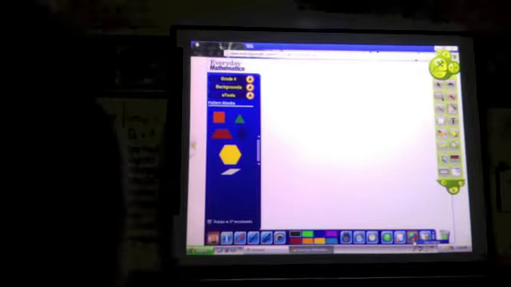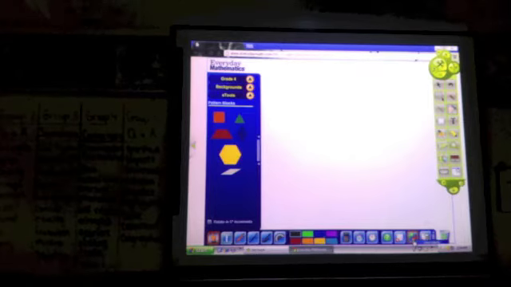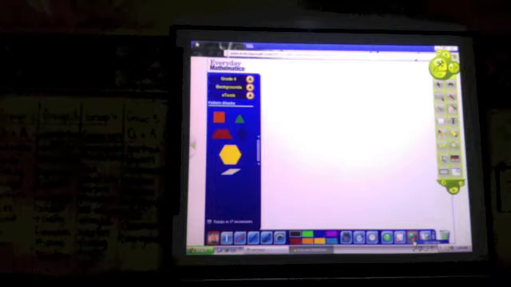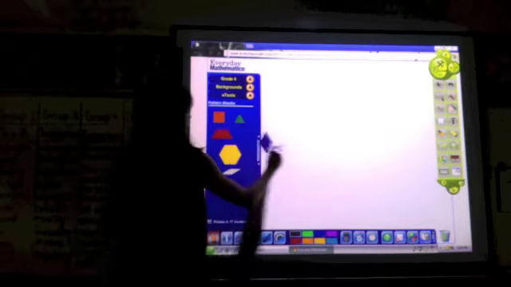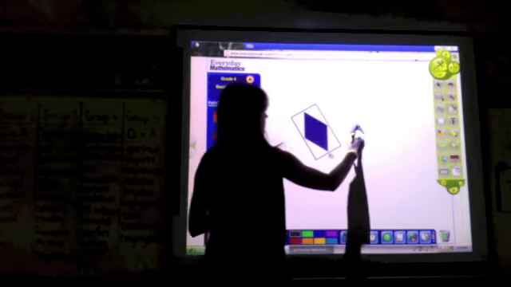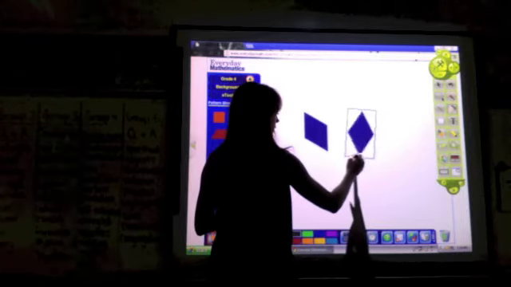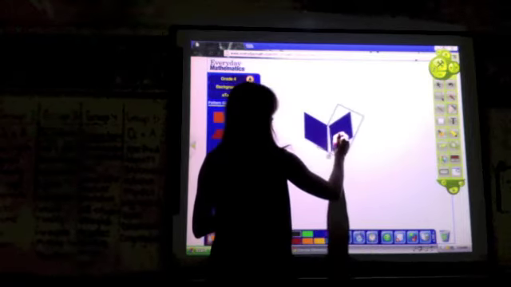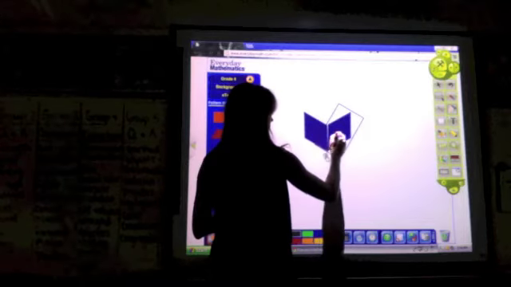Okay, let's do one more using the pattern blocks. This time, let's use our rhombuses again. Let's use 2 of these. Say I put this together. All right.